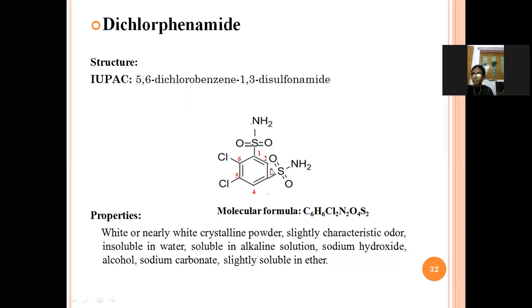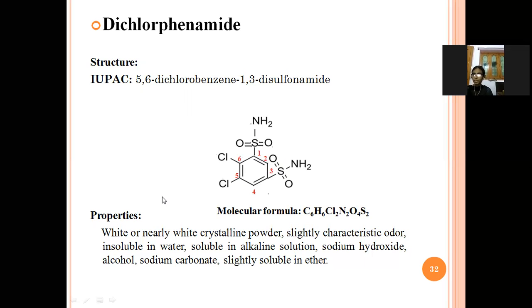In the 1st and 3rd positions sulfonamides are there. So it is named as disulfonamide. So it is commonly known as 5,6-dichloro-1,3-disulfonamide.